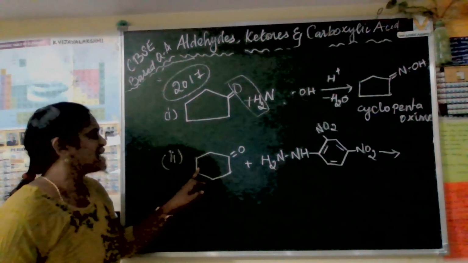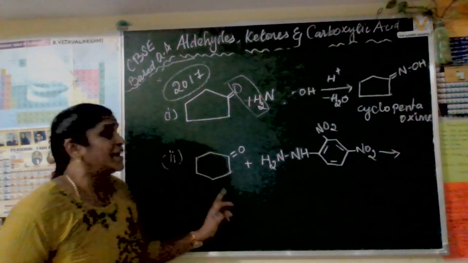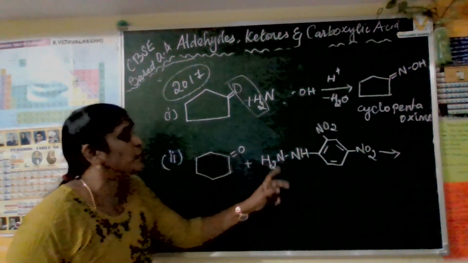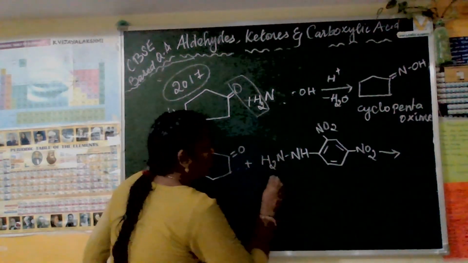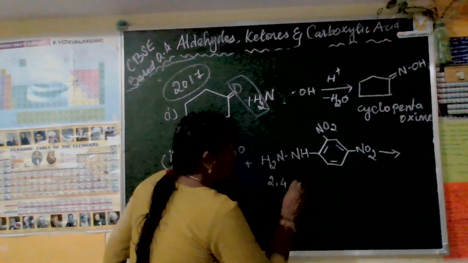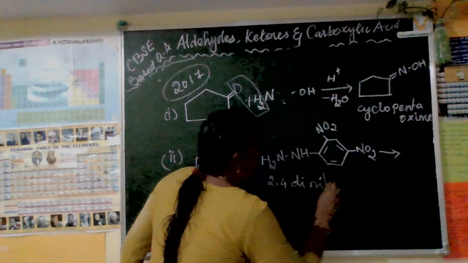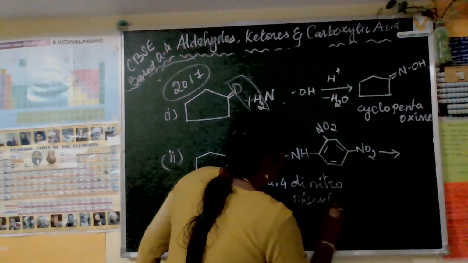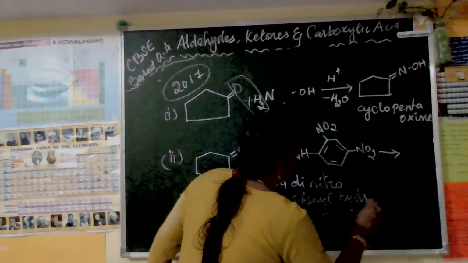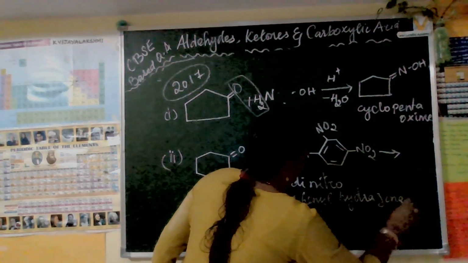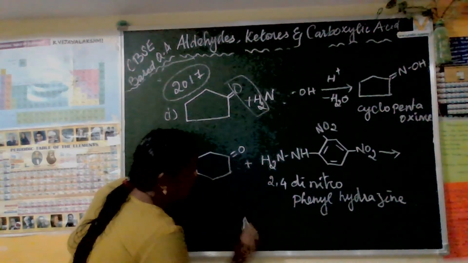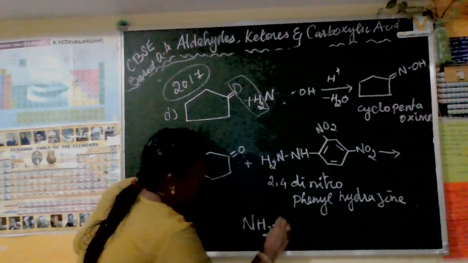Now the next one: cyclohexanone reacts with 2,4-dinitrophenylhydrazine. Hydrazine means NH2 NH2.